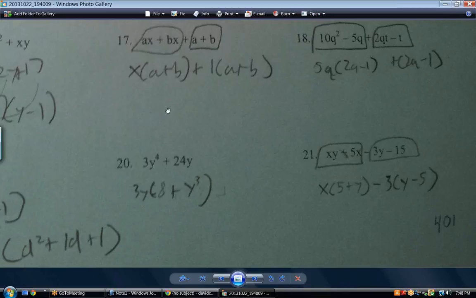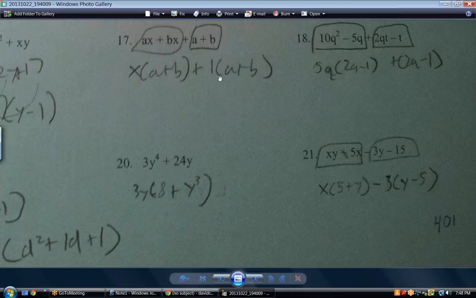So we're going to factor that, we're going to group this. That's what this is called, grouping. So once you've grouped those two items, you can factor out an x.